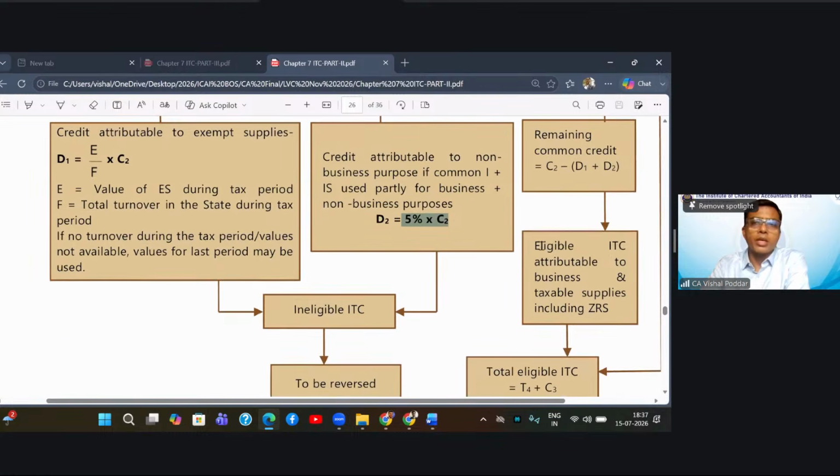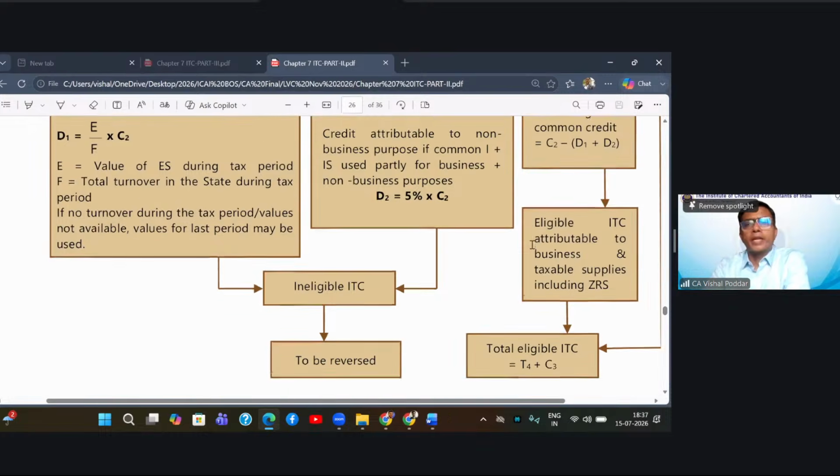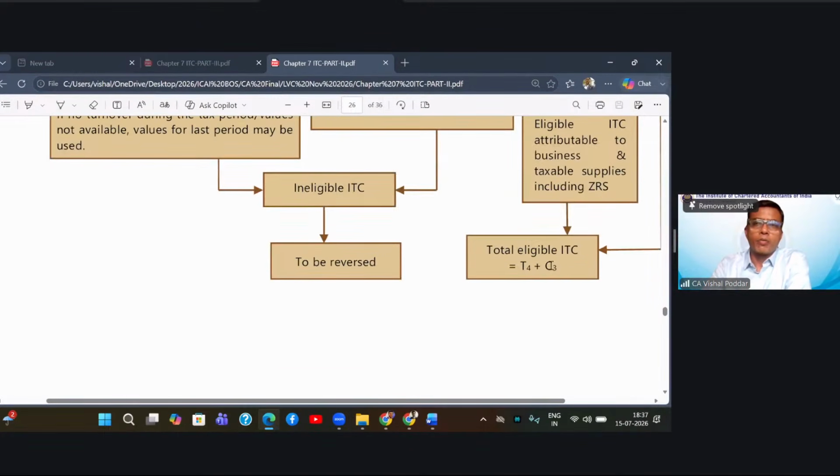And what is C3? C3 is the amount of eligible ITC which is attributable to your business purposes and to taxable supplies. So C3 represents out of the common credit whatever is attributable to your taxable supplies which you can avail. Now finally, what is your total eligible ITC?